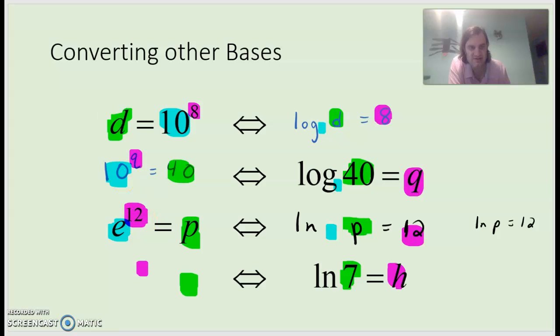And it's understood that the base here is e. So that would look like e to the h equals 7. So we just got to get used to the three forms. If you have the definition of the log, that is usually enough. And when you don't see a base, it's either one of two things. It's either 10 or it's e. All right. Thank you.